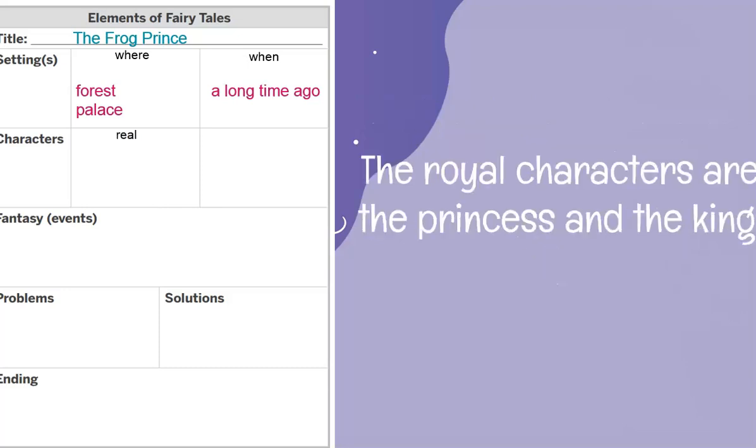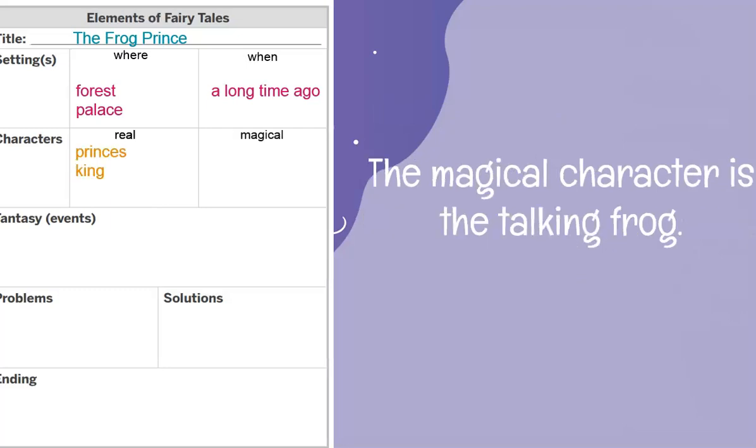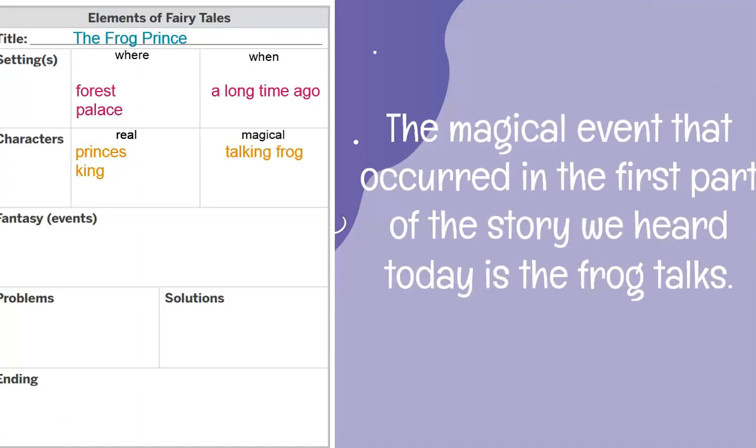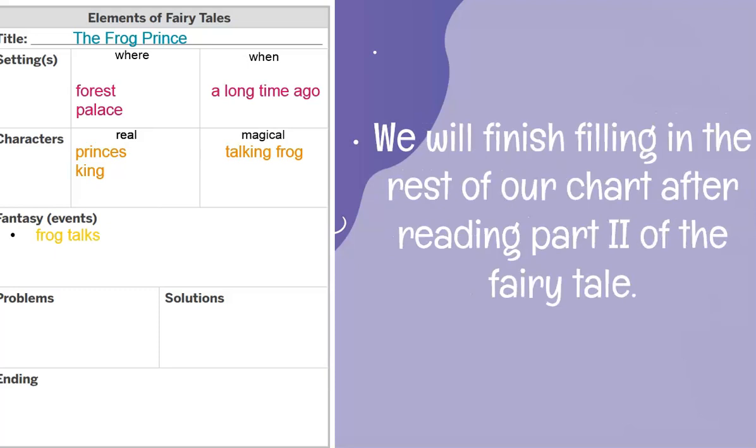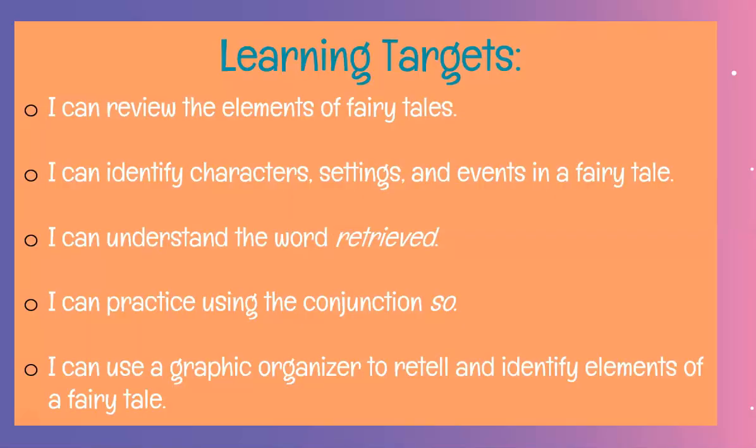The royal characters are the princess and the king. The magical character is the talking frog. The magical event that occurred in the first part of the story we heard today is the frog talks. We will finish filling in the rest of our chart after reading part 2 of the fairy tale.